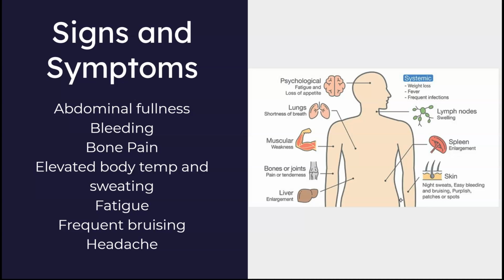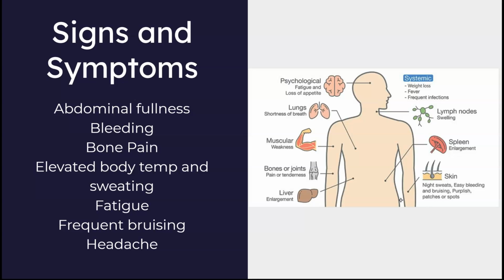A lot of the signs and symptoms associated with leukemia are challenging to specify, depending on what's going on with the patient, right? Because if you look at it, they're generalized issues: fatigue, some bleeding, bone pain, aches, headache, frequent bruising, right?